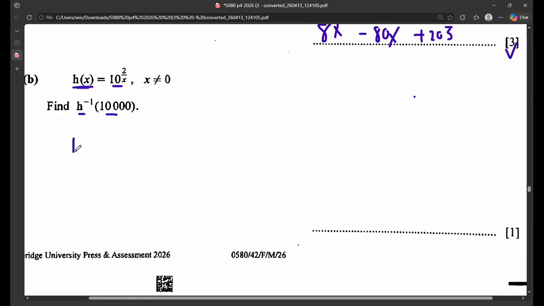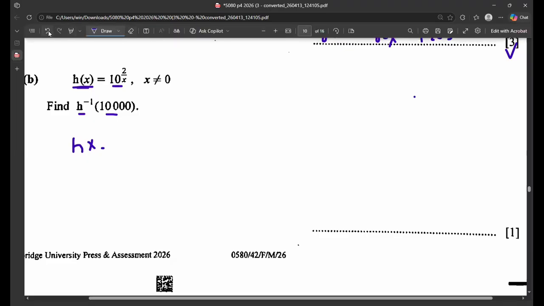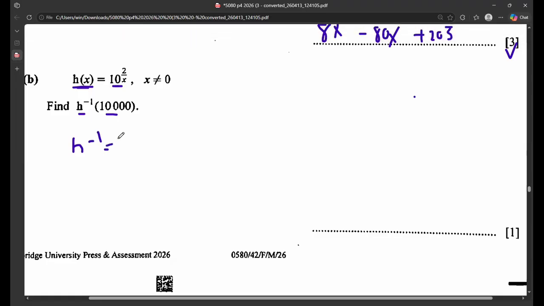So you can say here the h of x, or the inverse here, we can make it like same basis here. So 10,000 will be equal to 10 to the power of 4, which we can say is equal to h of x here.